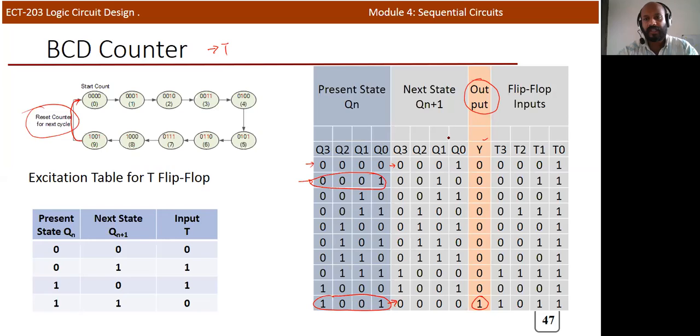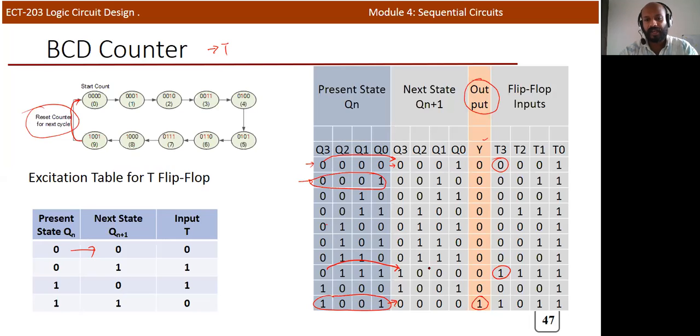Now, if it is a T flip-flop, we can develop this excitation table by observing the normal excitation table of a T flip-flop. Now we can say Q3 is changing from 0 to 0, so T3 should be 0. When Q3 is changing from 0 to 1, the T3 value is 1.